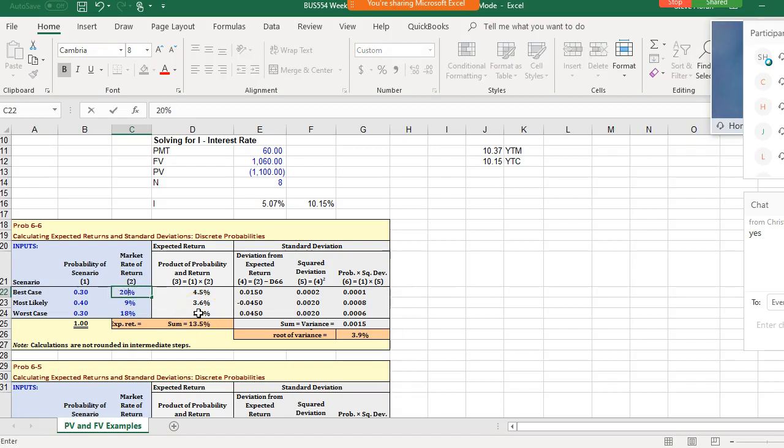And I compare that to 20, 5, and 12. I get a lower return and a higher deviation. So this stock wouldn't excite me compared to the market. Okay, so the return on that's lower than the market with a higher deviation. So it wouldn't excite me as an investment. And so that's just one thing that you can do.